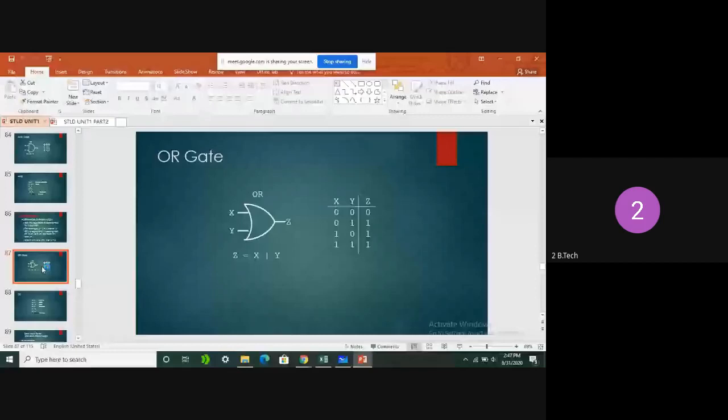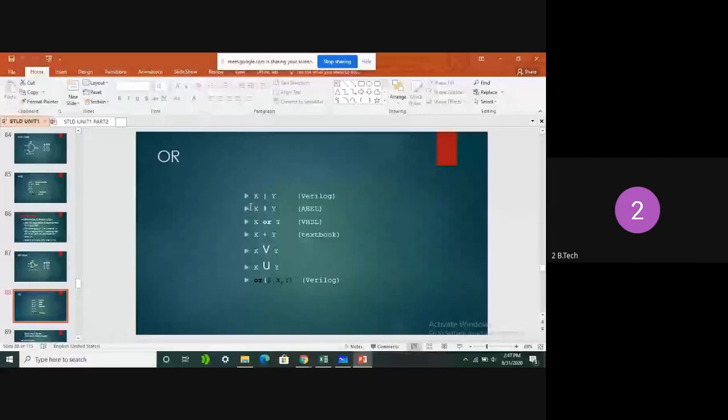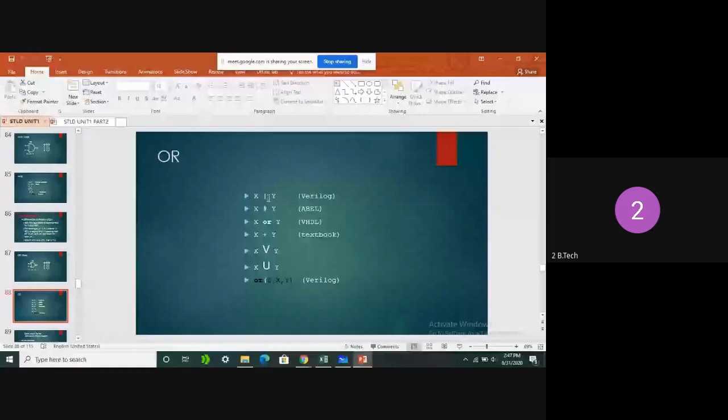So these are the different symbols representing OR. Sometimes in Verilog, which you will see in the third year, we can represent the OR operation like this: X or Y, X dash, or the plus symbol.